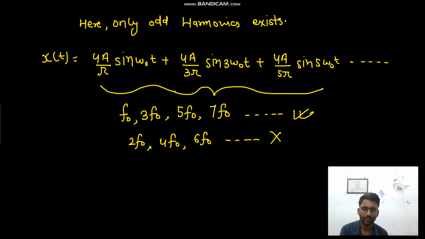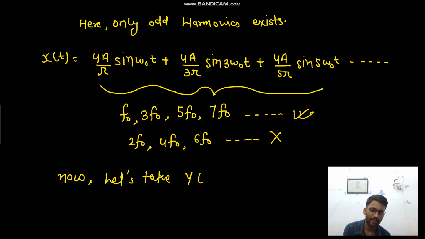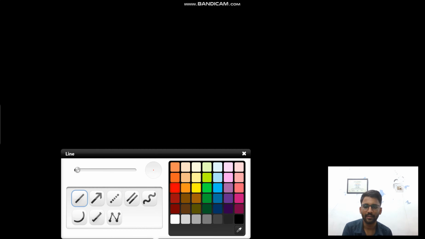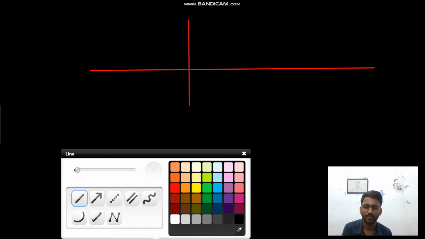Now let's take y(t) equals x(t) plus A. This is the symmetric square wave we are having. Now we are shifting it up by A, by a magnitude A. So what will be the new waveform y(t)?